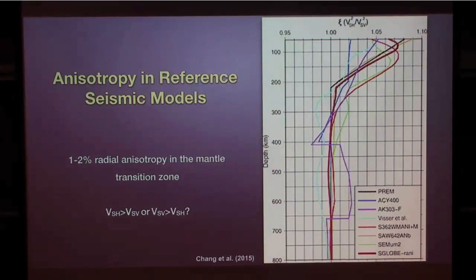Now, seismic anisotropy in reference models. Because these are one-dimensional average models, there is no azimuthal anisotropy by definition. We average over all azimuths. But we can introduce radial anisotropy in reference models. And PREM, which is shown in black here, was, I think, the first one to include radial anisotropy in the mantle.